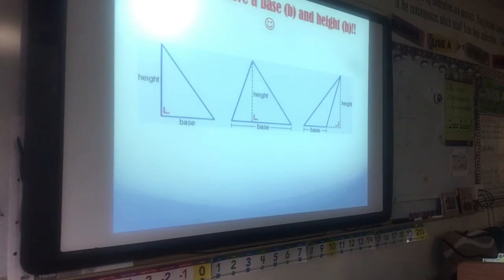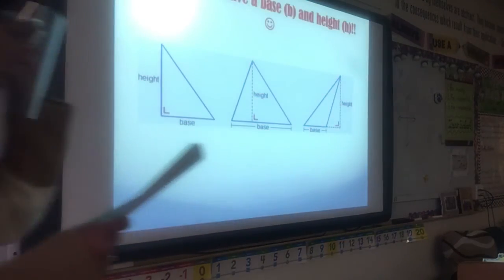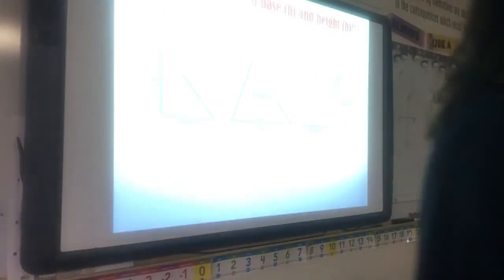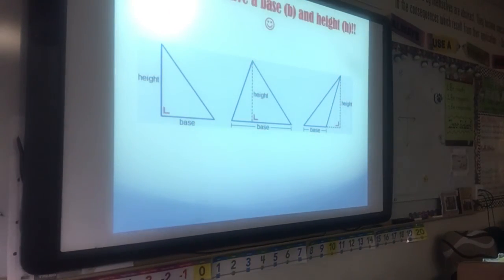Okay, let's look at this. Now, this is a little bit harder, and it's only because you've got to read, because this has more than one thing going on in number 1. It tells you to make the base of the triangle BC. So everybody find BC.